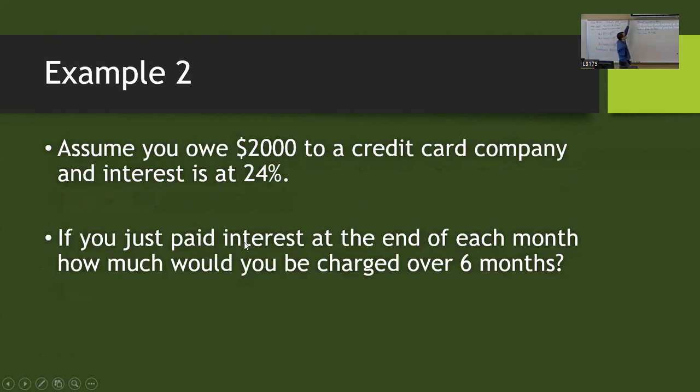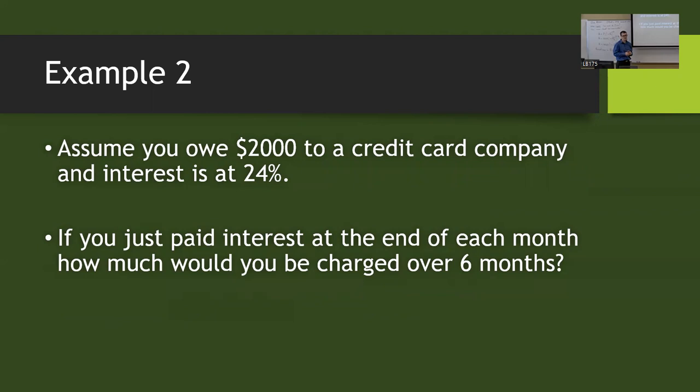Now, just as a thought experiment, if I only paid that $40 at the end of the month, then guess what's going to happen next month? The exact same thing. And if I just pay another $40 at the end of that month, and I just keep paying $40 every month, I'll never get out of debt.